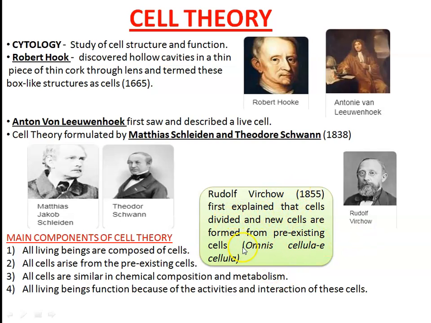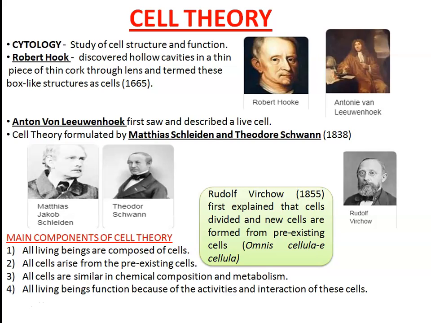If in an examination somebody asks what this phrase means, you need to remember that omnis cellula e cellula means new cells are formed from the pre-existing cells. They divide and get converted into new cells. So this part was added later and modified in the cell theory.